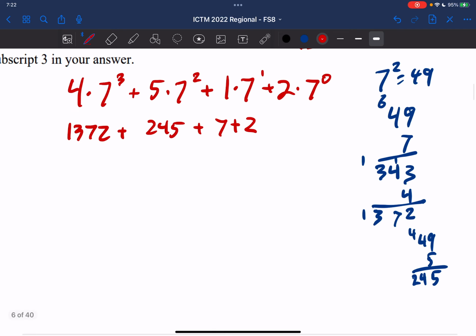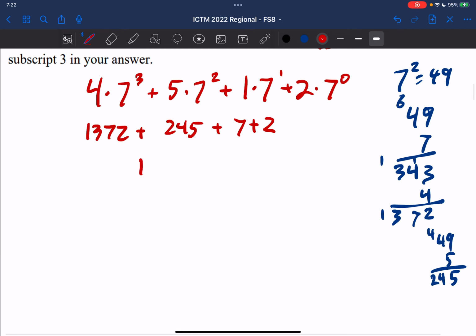All right, so let's add these together. 1372, and I can quick add these because this is 9, and so we have 245, so this becomes 254. If we add those, we get 6, 2, 1, 6. So we get 1626, but this is in base 10.